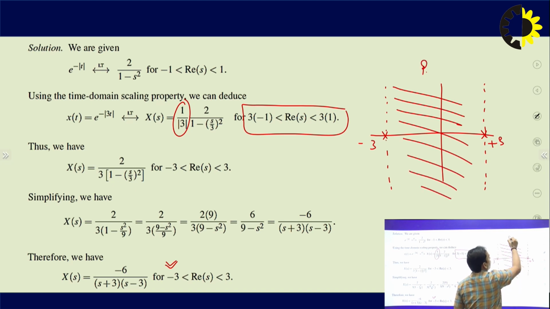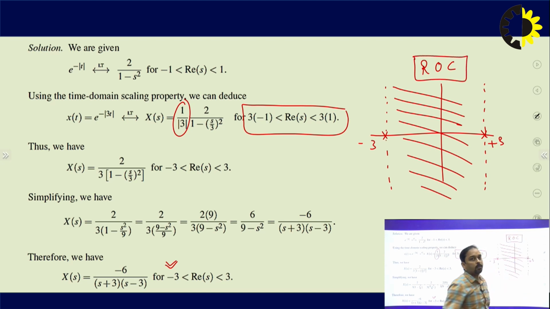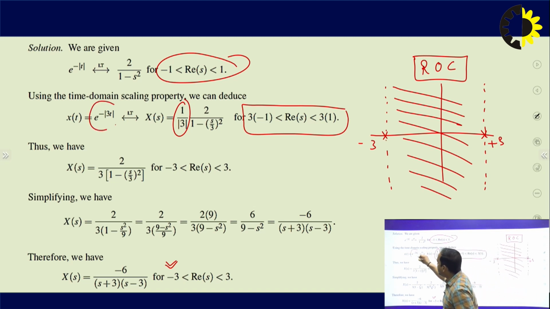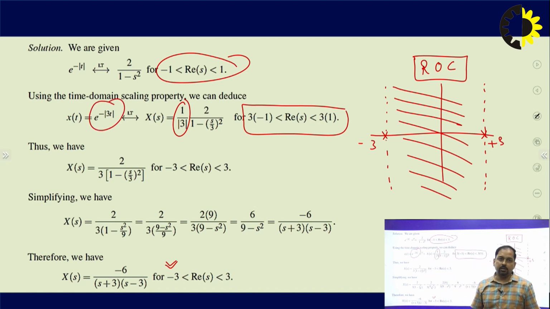This is the region of convergence. So we can clearly see that whatever we have for the previous ROC, the new ROC is multiplied by a factor of a. And what was a? If we can see, a was 3. So the new ROC is a multiplied by the previous ROC.